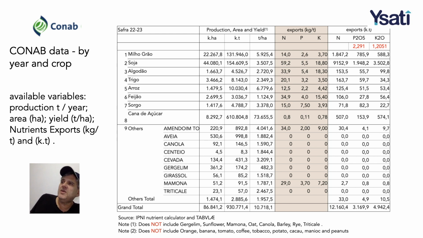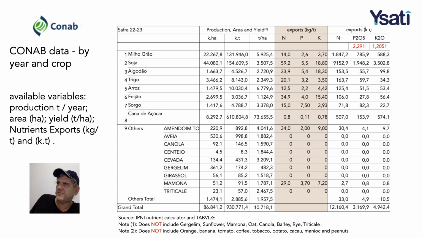And what we see here in the middle, in the three reddish columns, are the kilograms per ton of harvested crop.